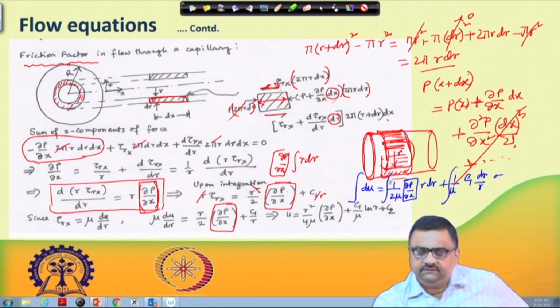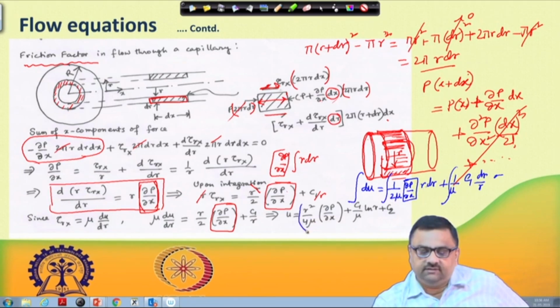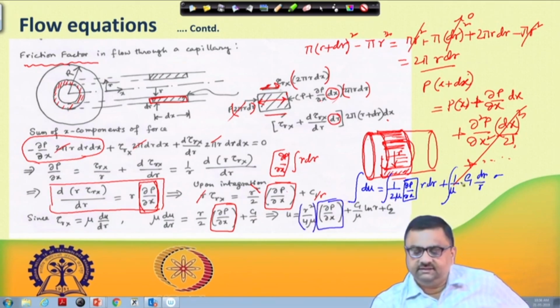On this side it is u, and here the integral of r dr is r square by 2, and then that 2 multiplies with the other 2. That is why we have r square by 4 mu, with del p del x remaining a box as it is.